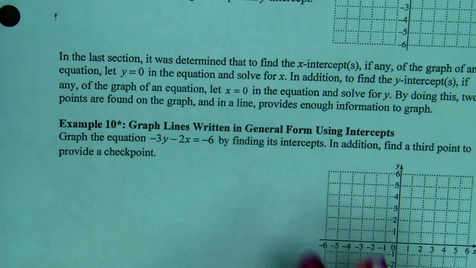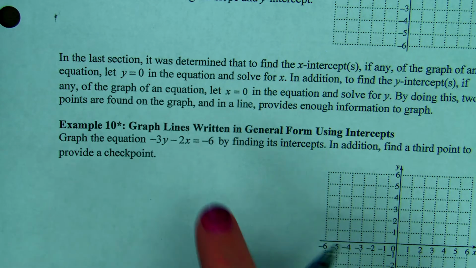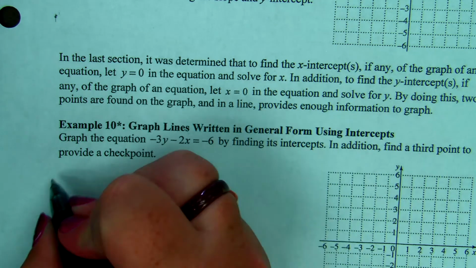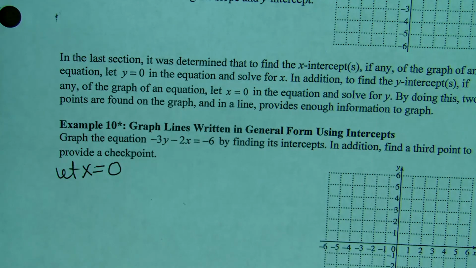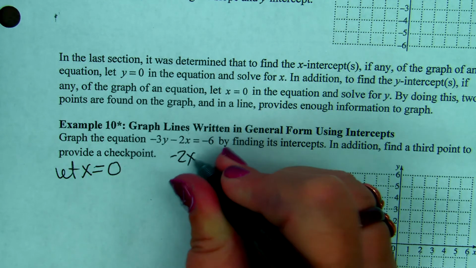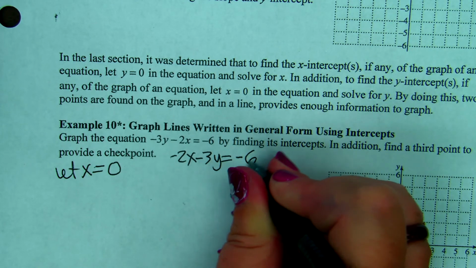So when we have this, we can let x equal 0, and we can rewrite it negative 2x minus 3y equals negative 6.